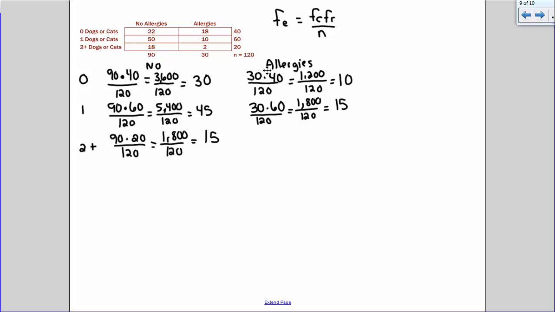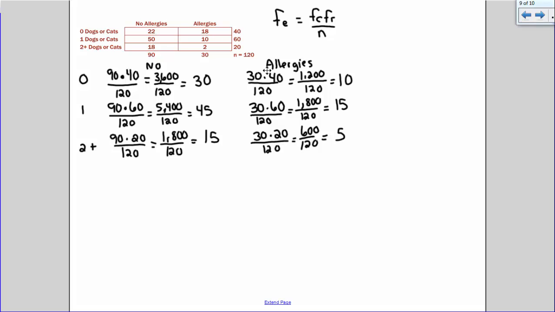Next group, allergies, 2 or more cats or dogs. Column totals 30, row totals 20. This gives you 600 divided by 120, and an expected frequency of 5.